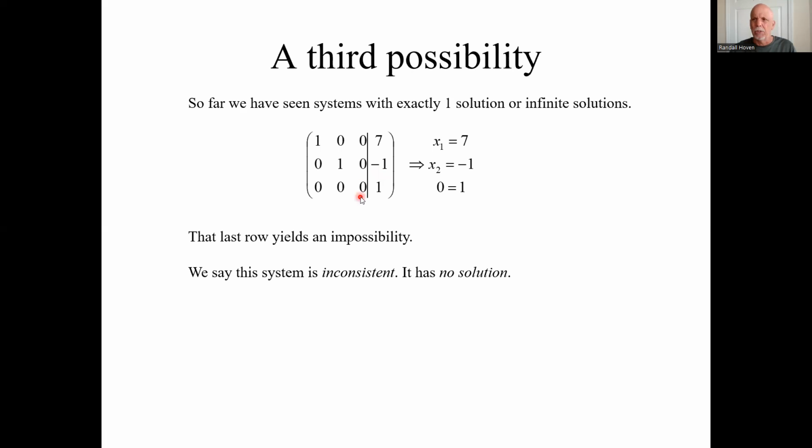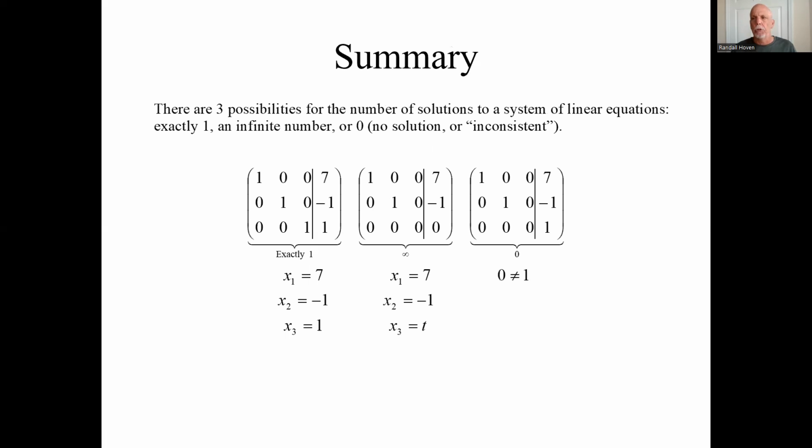This bottom equation: we have 0 equals 1. It's impossible. This system is inconsistent. It has no solution. 0 solutions. So those are the 3 possibilities.